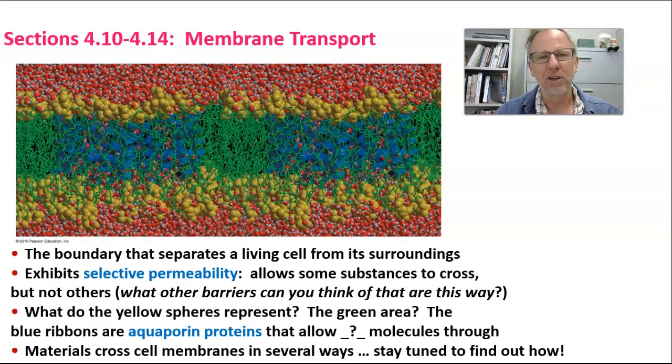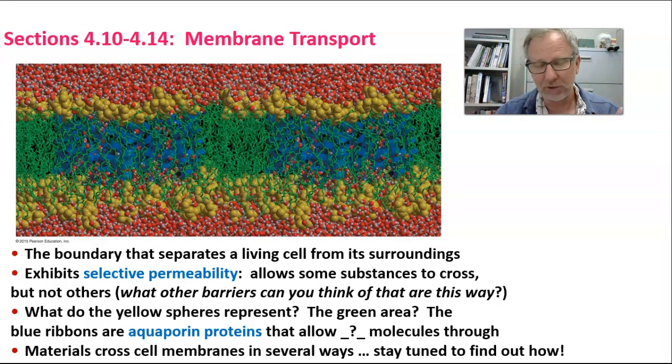But as kind of an introductory slide for this whole membrane transport topic, let's take a look at this computer image that I've got on your screen. It's a computer model of what a plasma membrane looks like. The plasma membrane is the boundary that separates a living cell from its environment, kind of like our atmosphere around our Earth.